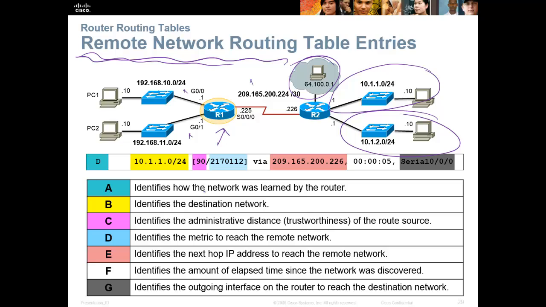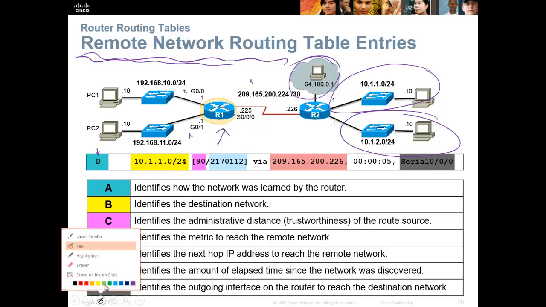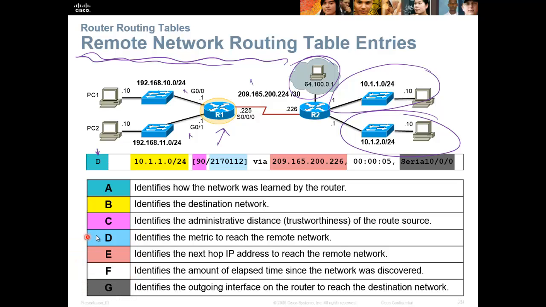Now, a remote network route entry is more complicated. Again, we have the first part in blue, which refers to the identification of how the network was learned by the router. Let me select the laser pointer. Now this part, the blue one, is the identification of how the network was learned by the router.